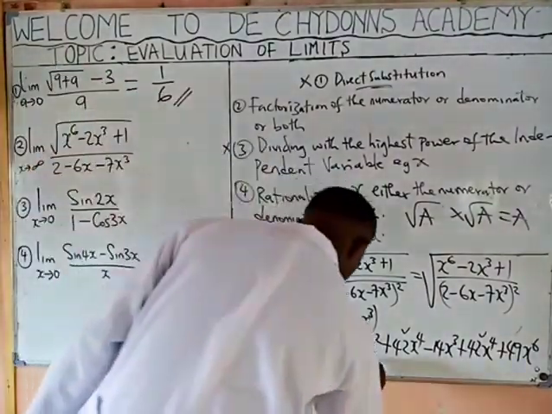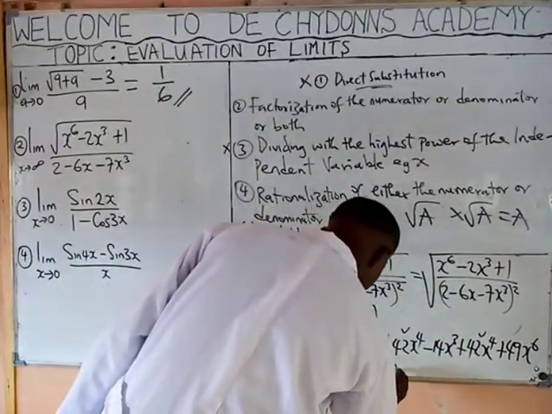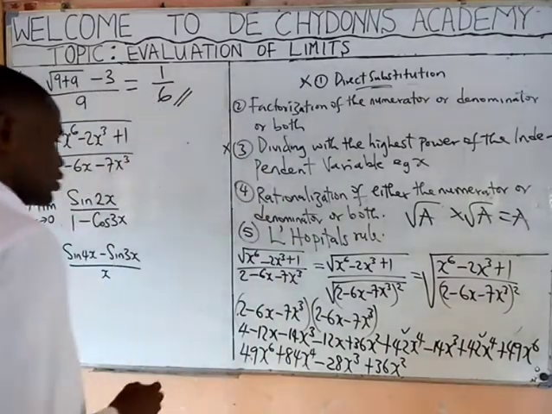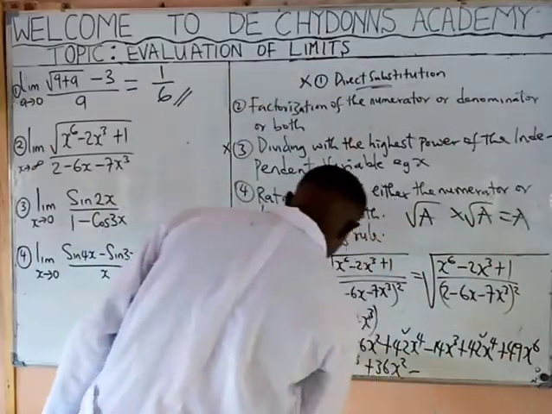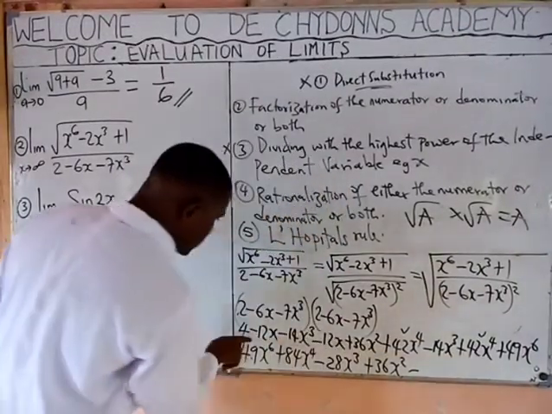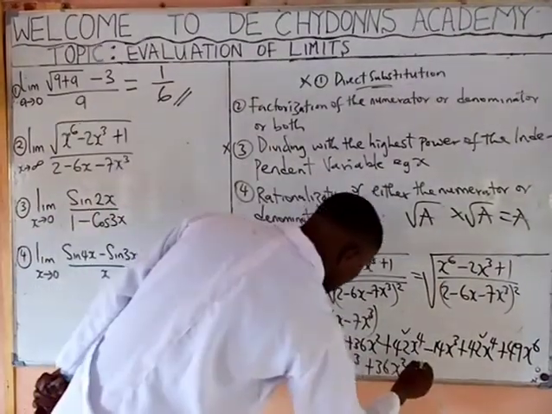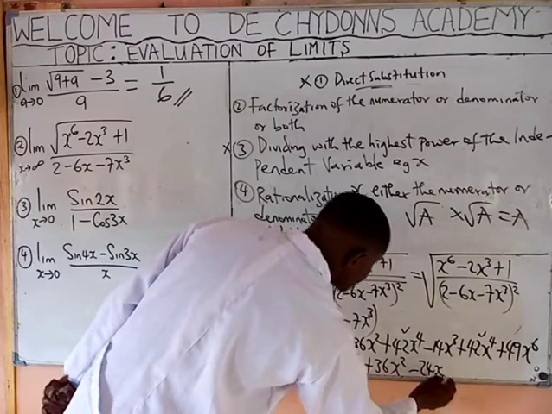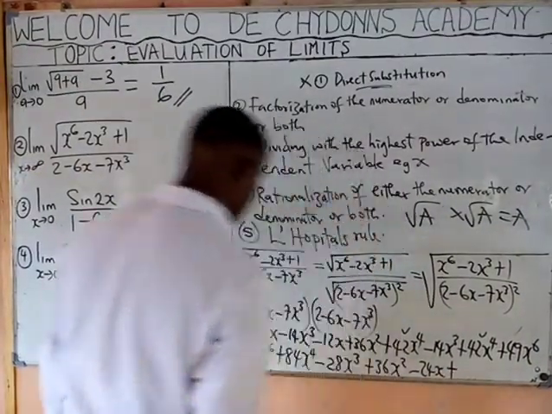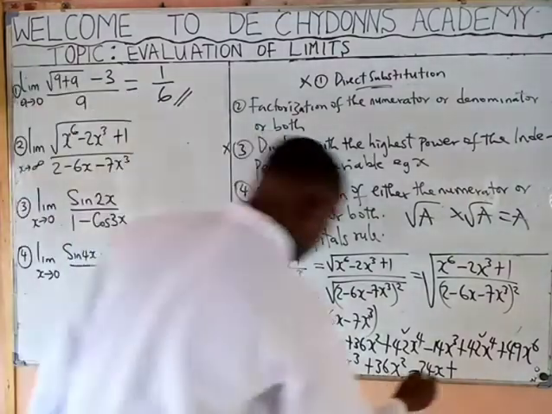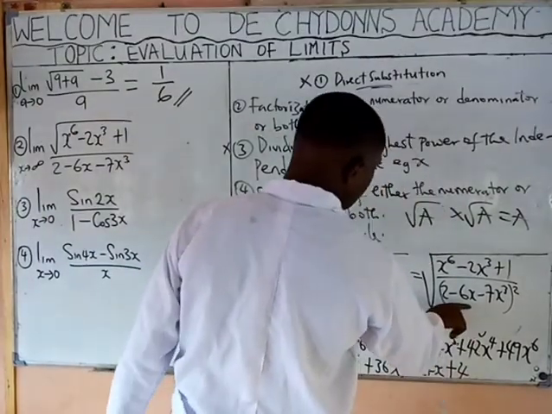Then plus 36x raised to the power of 2. Then 12 minus this and this will be giving us minus 24x. Then plus 4. That is expansion of this.